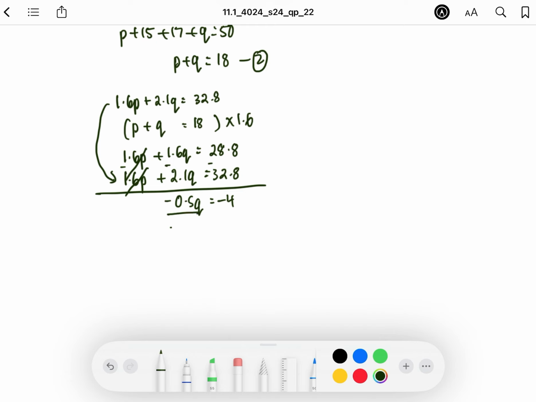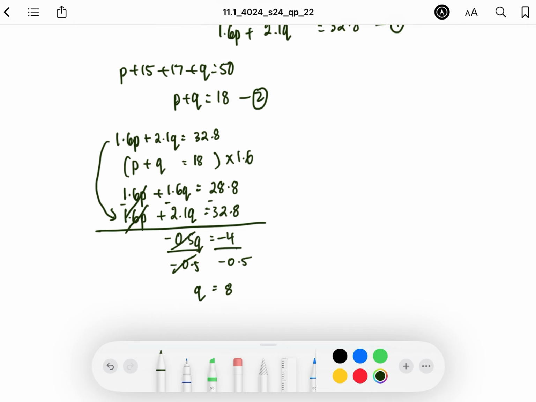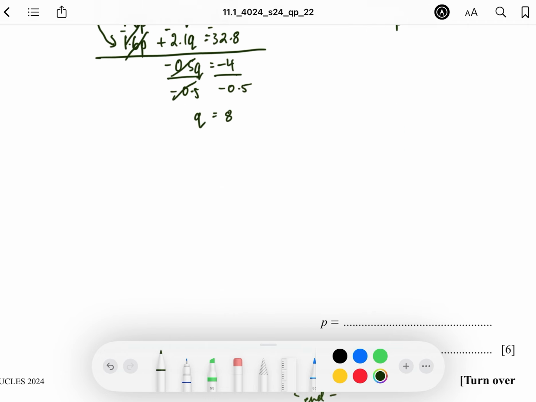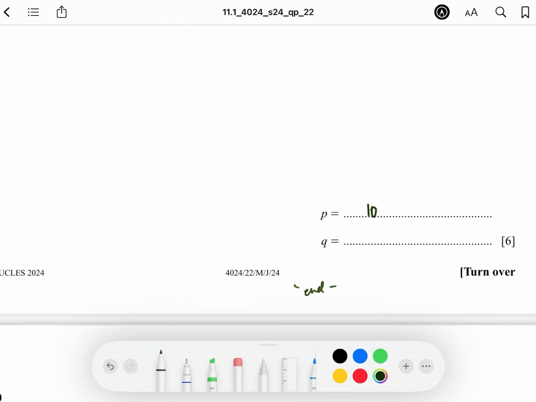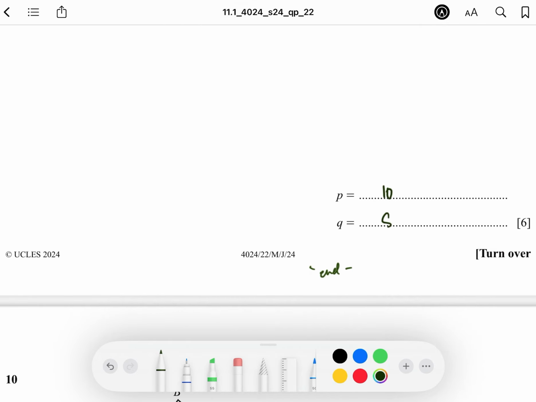Divide both sides by minus 0.5, and I've got the value of q equals 8. Using p plus q equals 18, substitute q equals 8, so p plus 8 equals 18. That means p equals 10. So that's 10, and that's 8.